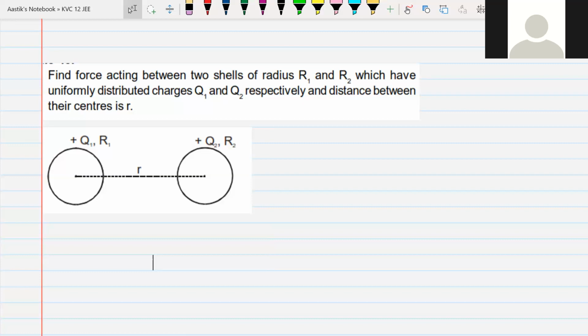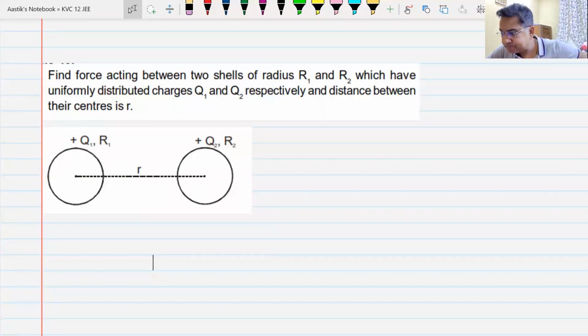A, Q1 plus Q2 by r square, sir. No. To find the force, why is it plus Q2? It is K Q1 Q2 upon 4 pi epsilon naught r square, isn't it?